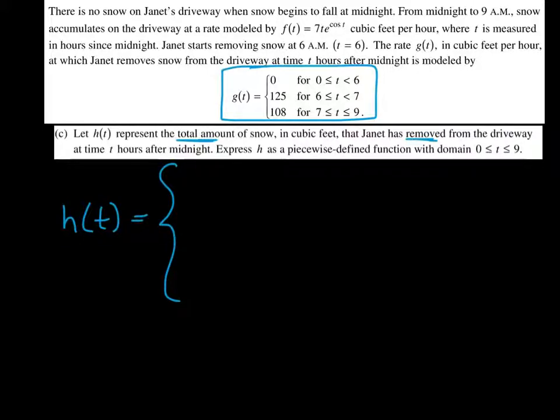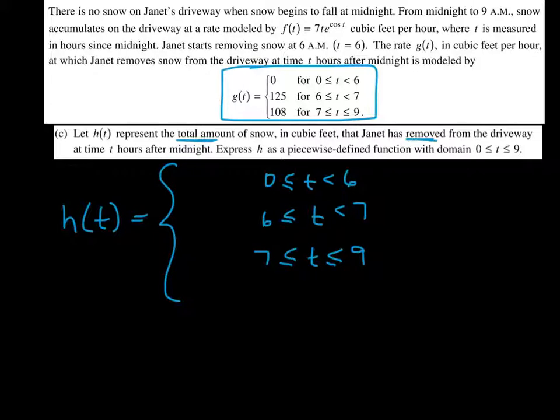And basically, we're going to follow these same 3 time intervals from 0 to 6, from 6 to 7, and from 7 to 9. Okay, and so we need to find basically the amount of snow that she has removed over those different time intervals.